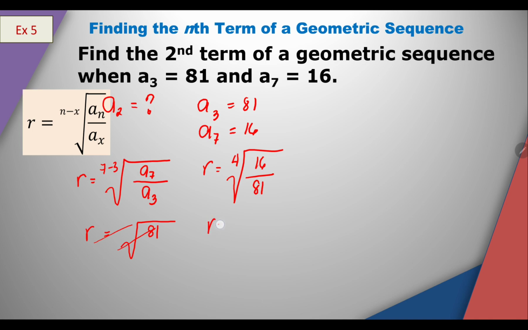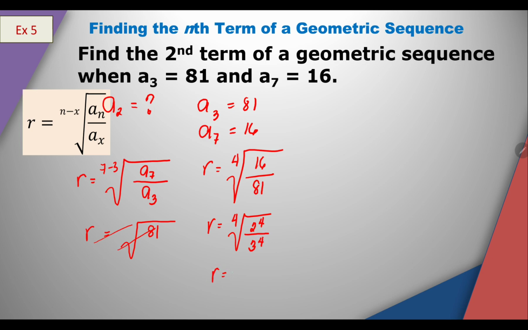Thus, we can rewrite. What is 16? 16 is rewritten as 2 raised to 4. 2 times 2 is 4, times 2 is 8, times 2 is 16. How do we rewrite 81? 81 is also 3 raised to 4.